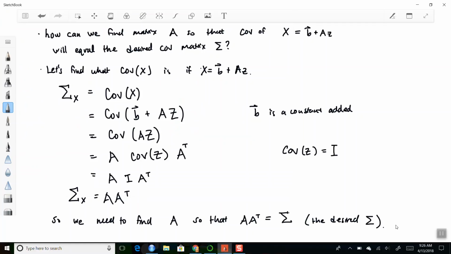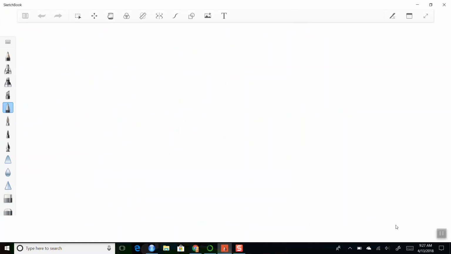Okay. Do you remember how this can be done from your linear algebra class? All right. Do these terms mean anything?